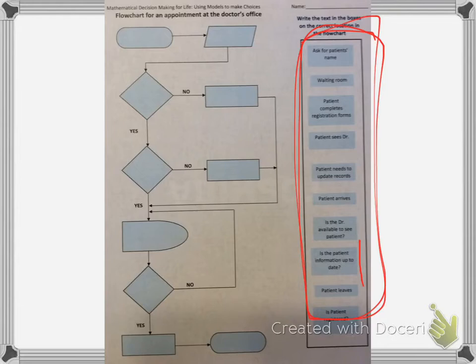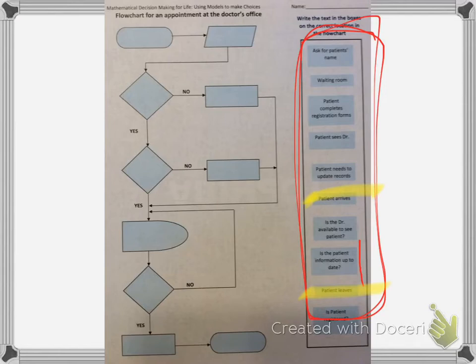So what would be the very first thing that happens and the very last thing that happens? Well, I'm going to go with this. I think that the very first thing that happens was that the patient arrives. I think the very last thing, I just highlighted, patient leaves. Patient arrives would be the first thing and patient leaves would be the last thing.